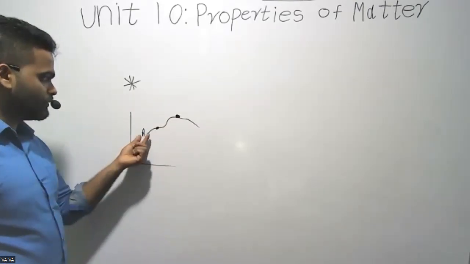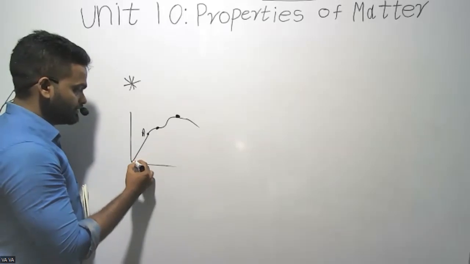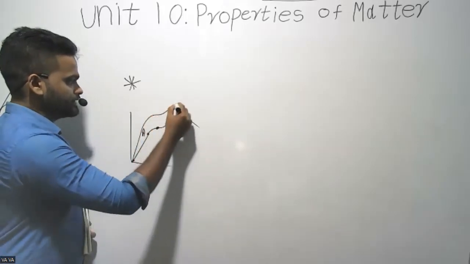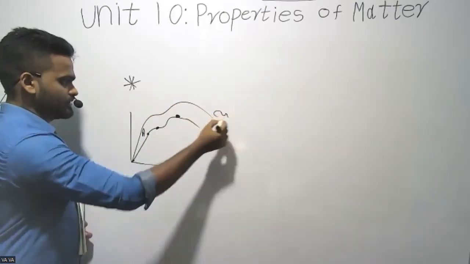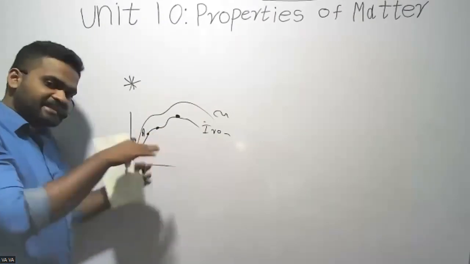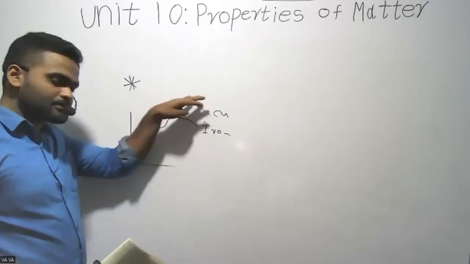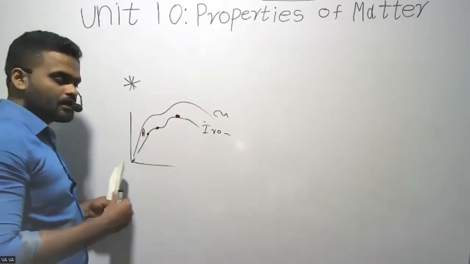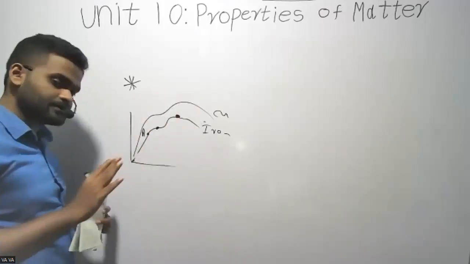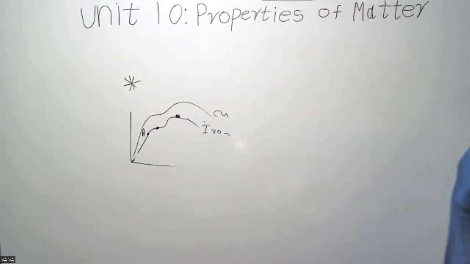Like when we have iron, it follows this type of graph. If we have copper, it could follow a graph like this. So this is iron, and this is copper. Anything made of that material follows the same graph. So each of these graphs is specific to the material.